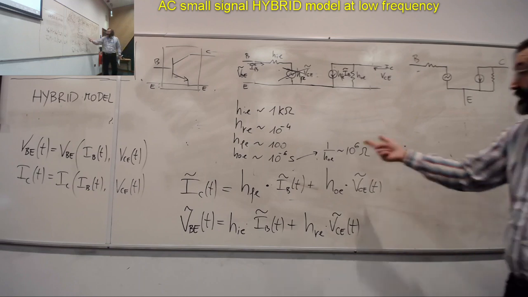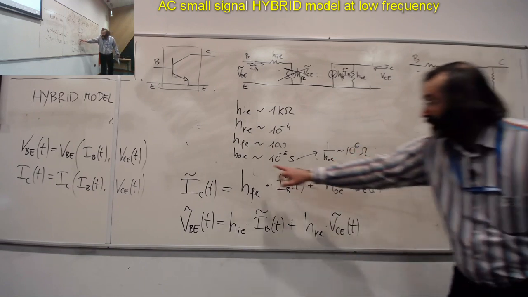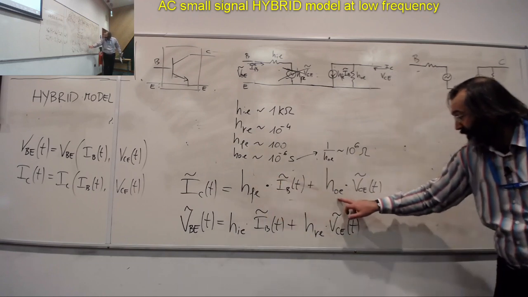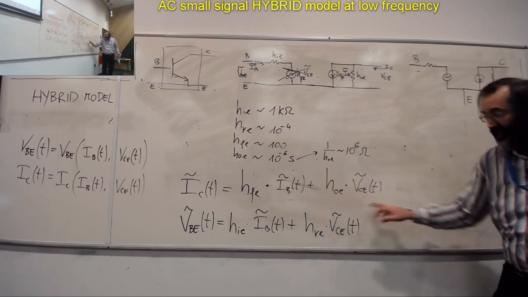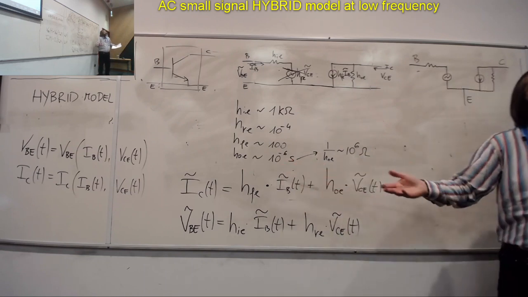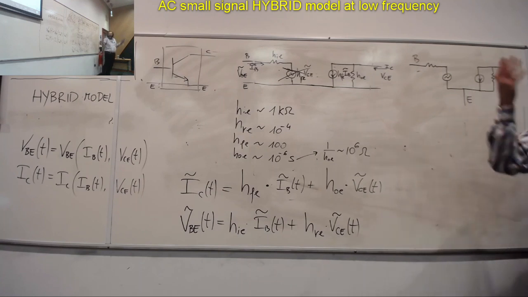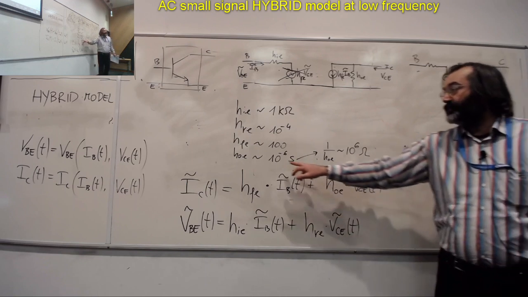First thing. Second thing, in these equations, HOE appears on the output multiplied by VCE. So this is a current. HOE is 10 to the minus 6, times, as we said, let's say VCE will be 1 volt maximum. So the current corresponding to this is 1 microamp.